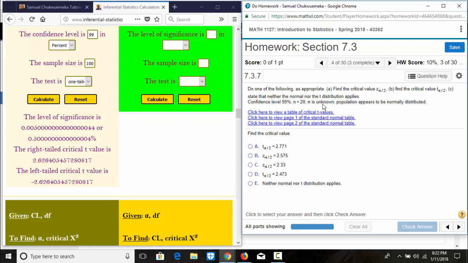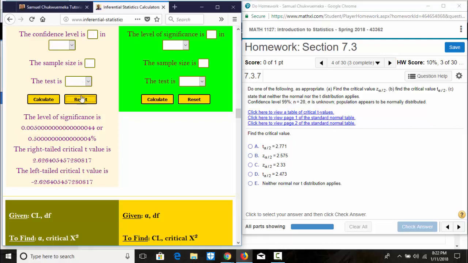If we know the population standard deviation, then we use critical Z. But because we do not know it, and the population is normally distributed, we're going to use critical T.